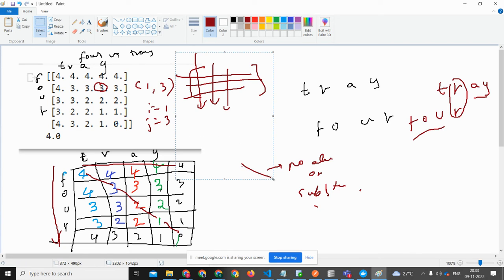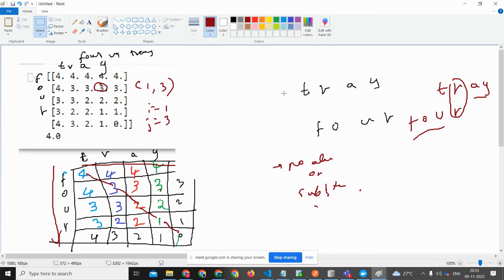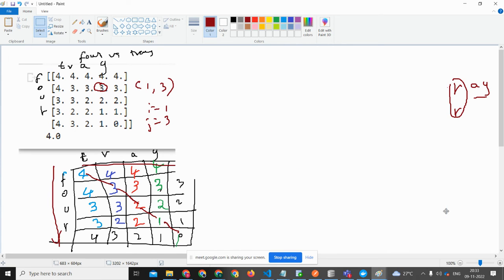Let me delete all these things. We are converting four to tray. So we have the order. See, it's decreasing, right? So that means it's a substitution.